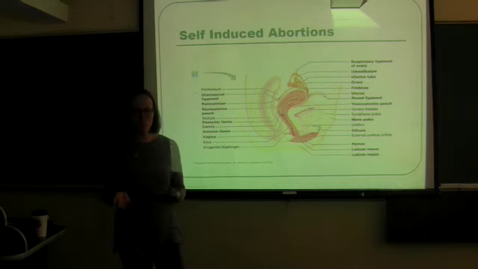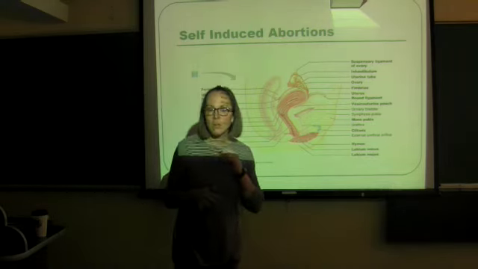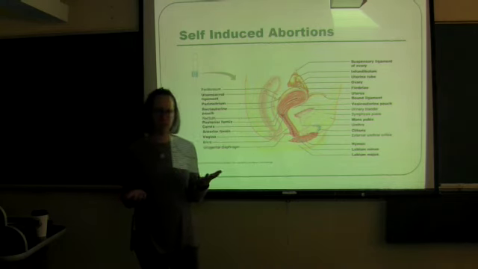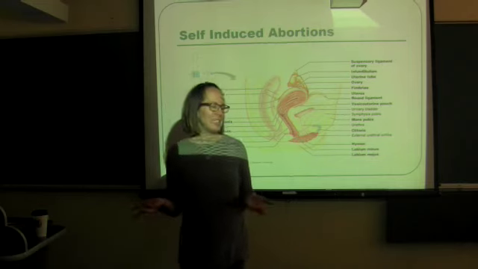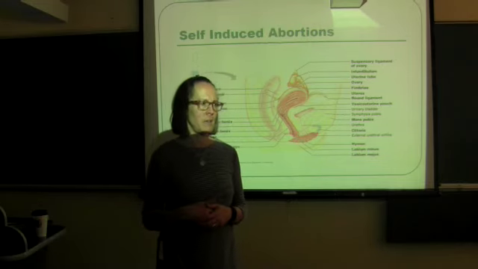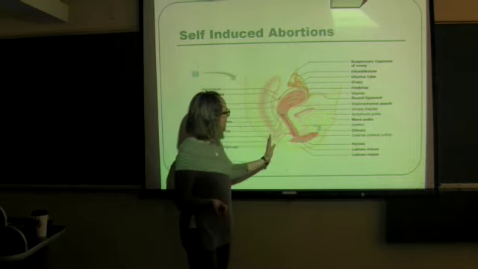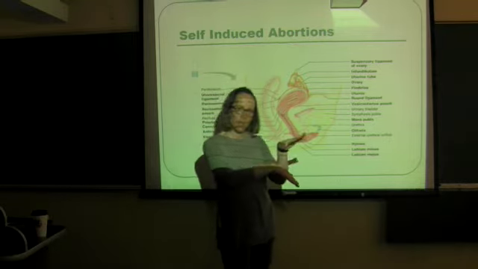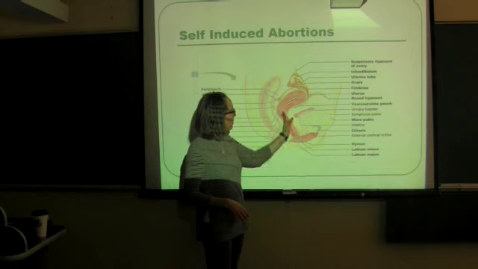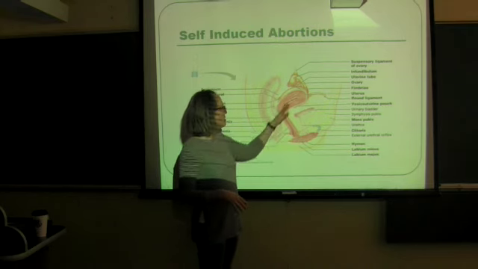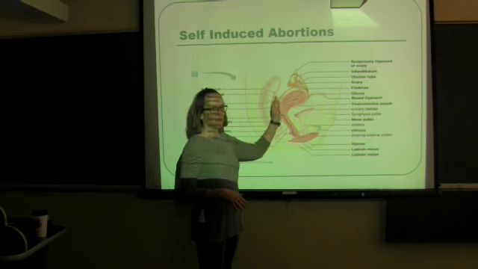Back before abortions were legal, women used to try to self-abort with a hanger. Have you ever heard of that before? I know, I hate talking about it, but you may see it. And the problem with that is the uterus is anteverted, right? So if you think about it, if they put a hanger in there to try to get the child out, it's just so disgusting, they're not going to have the right angle.